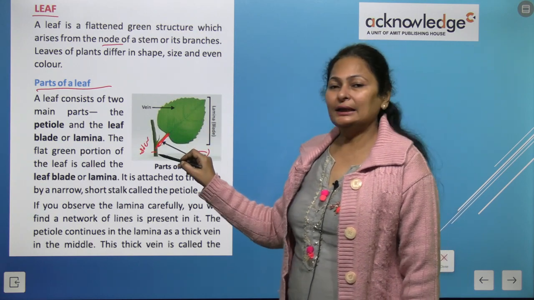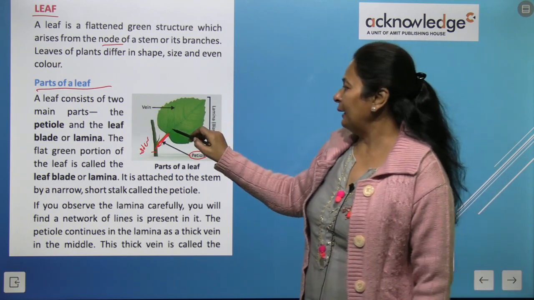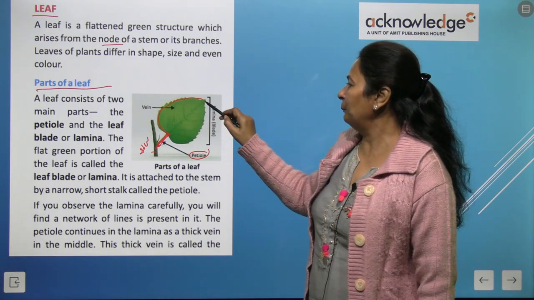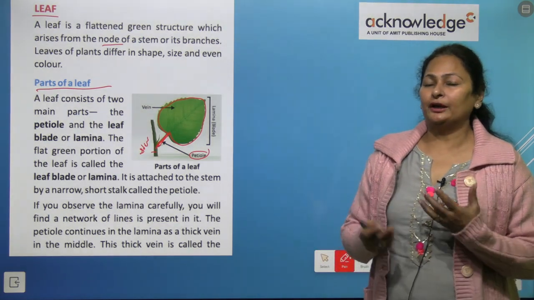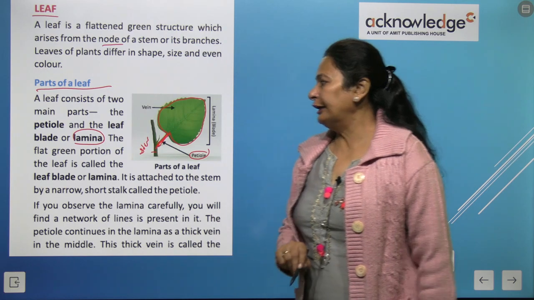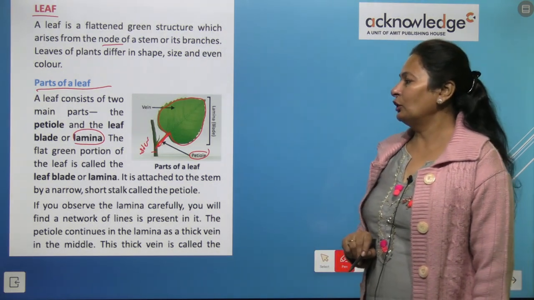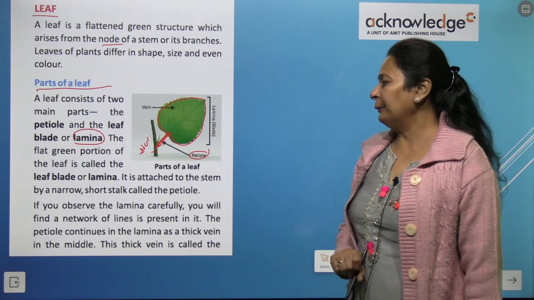So the petiole is connecting the leaf with the stem, and this green part is called the leaf blade, or we call it lamina. The flat green portion of the leaf is called the leaf blade or lamina.